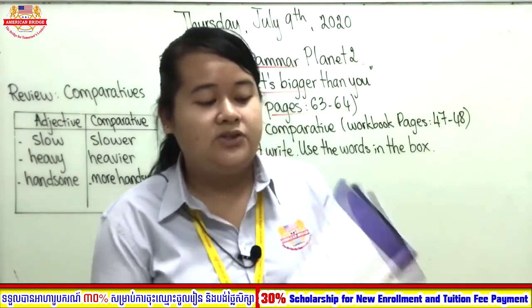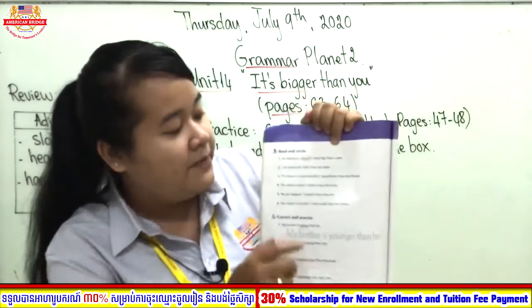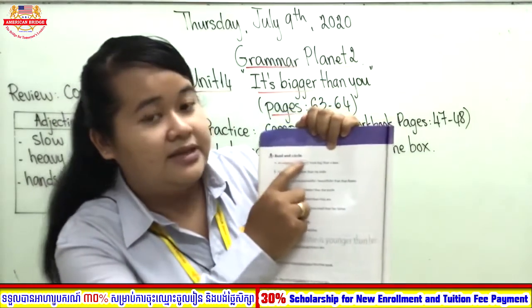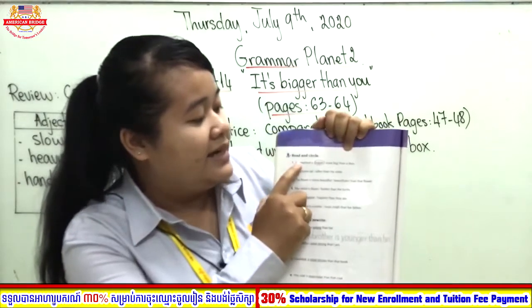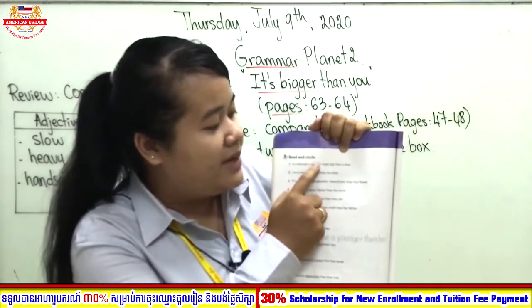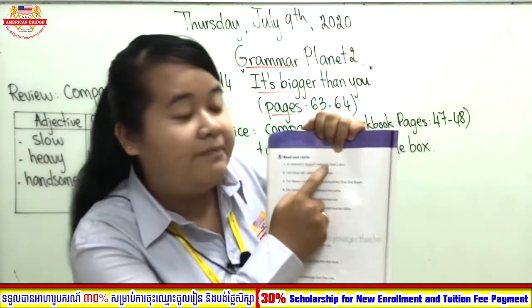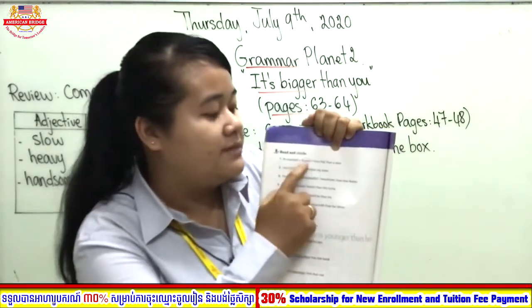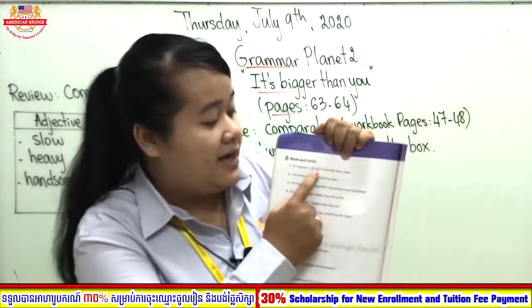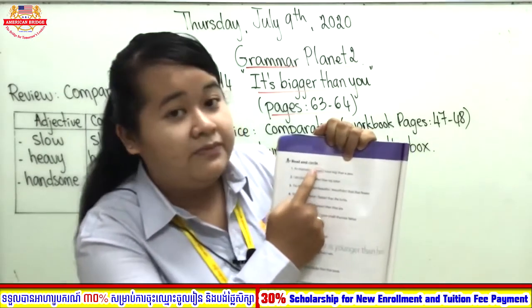Let me explain to you. So page 48, you need to read and circle. So example number 1: an elephant is bigger or more big than a deer. Great. So it is bigger, right? Okay, so we need to circle the word bigger.